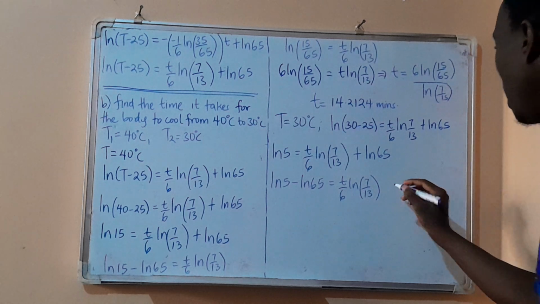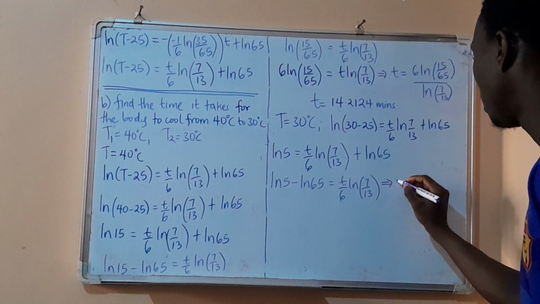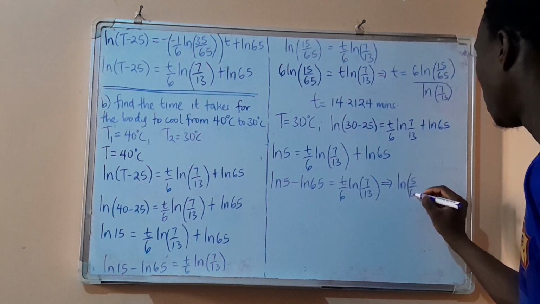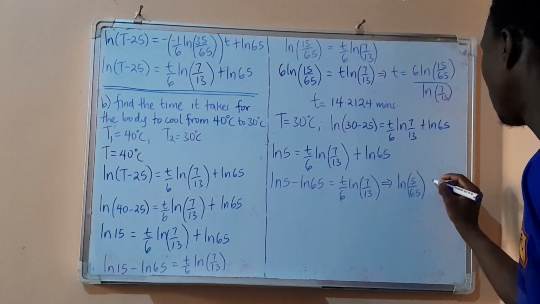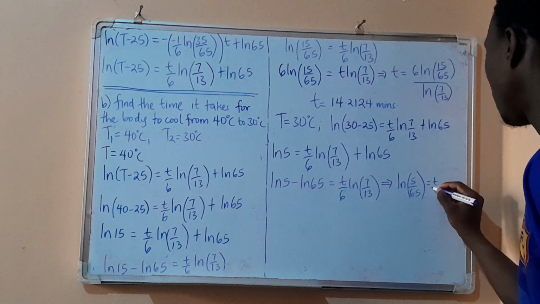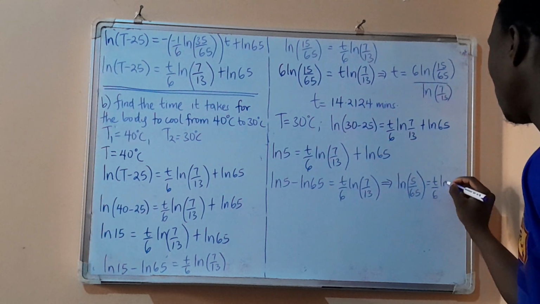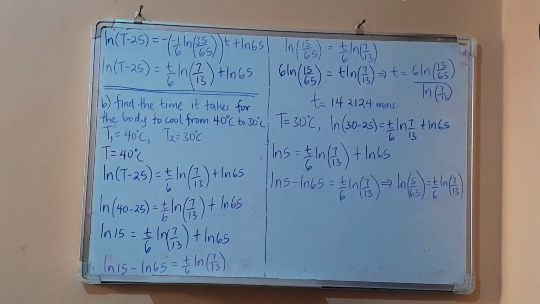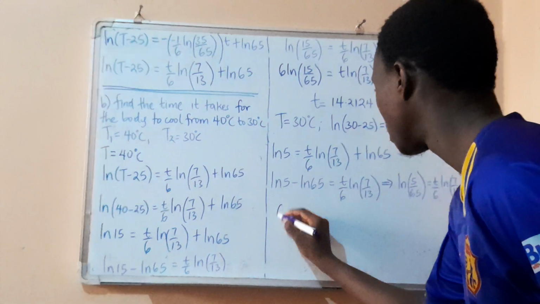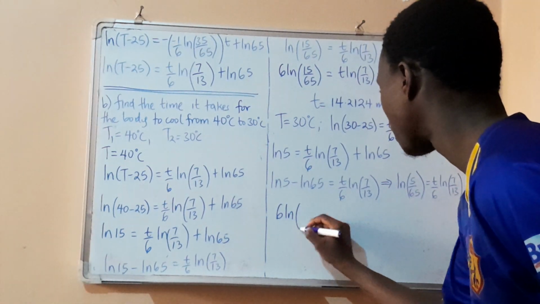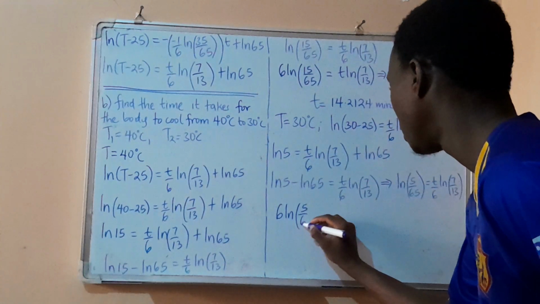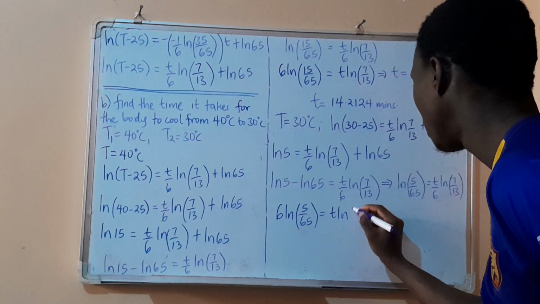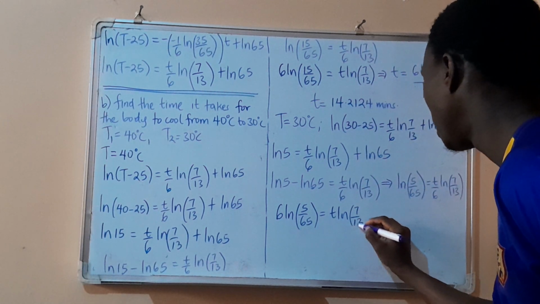What does this imply? This implies that we have log 5 over 65 is equal to T over 6 log 7 over 13. So we have 6 log 5 over 65 is equal to T log 7 over 13.